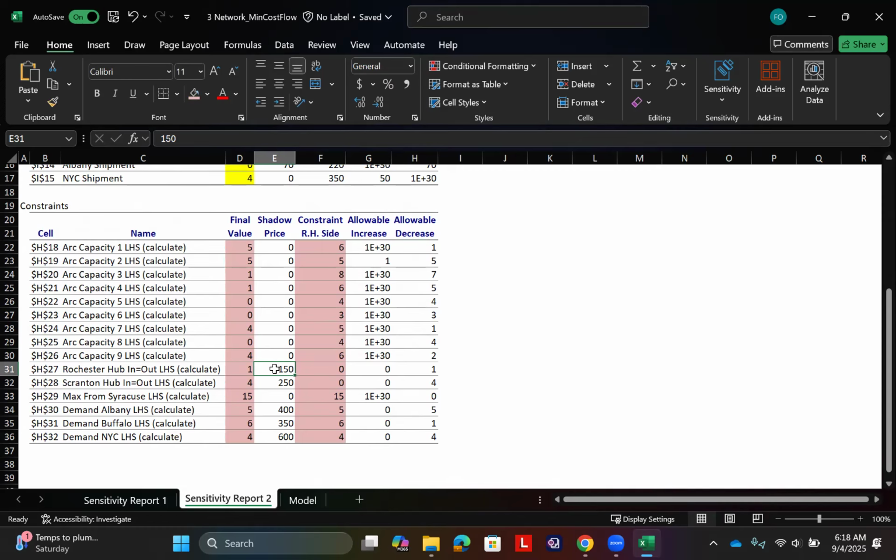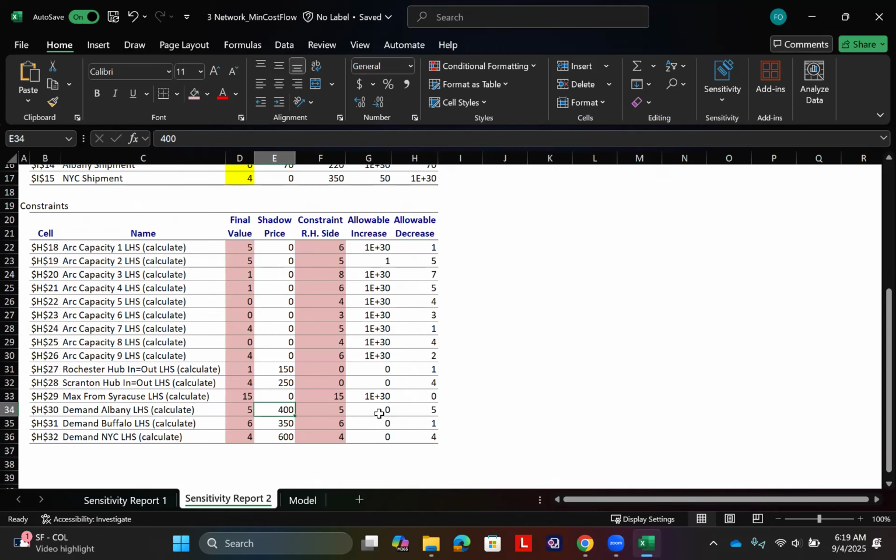Let's do another example. For example, here we have demand Albany. So current right-hand side value demand is 5. Current left-hand side is 5 as well. This is a binding constraint since the right and left-hand side is equal. So if I increase this by 1 unit, normally my overall cost should increase by 400.